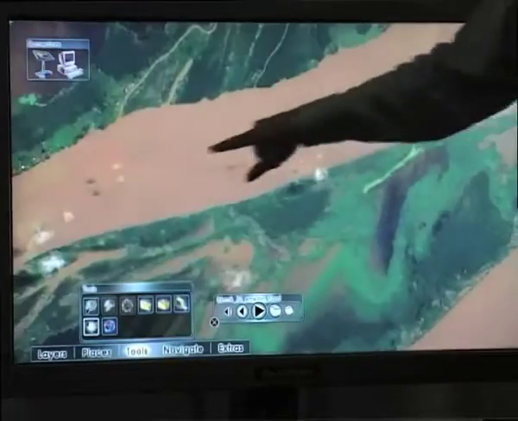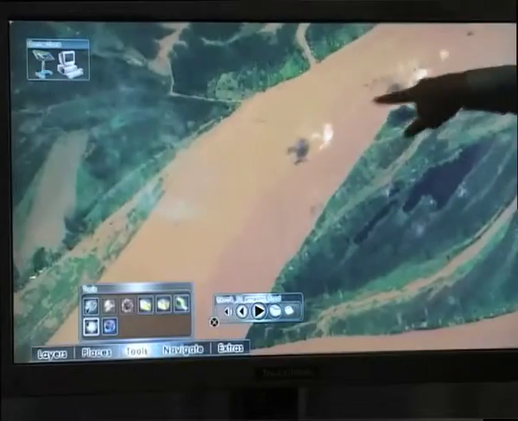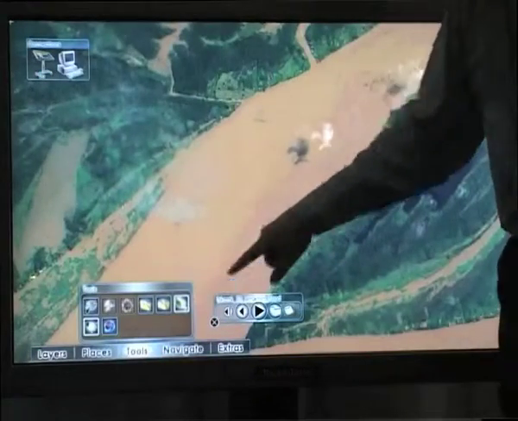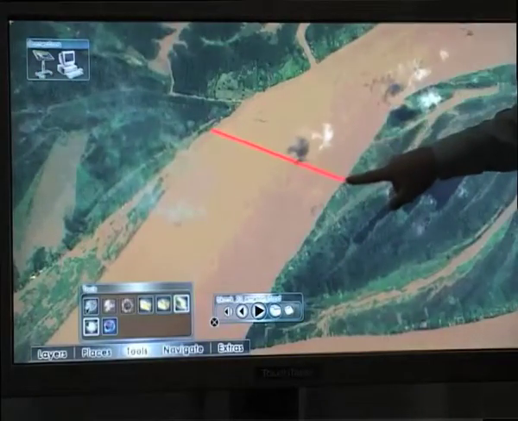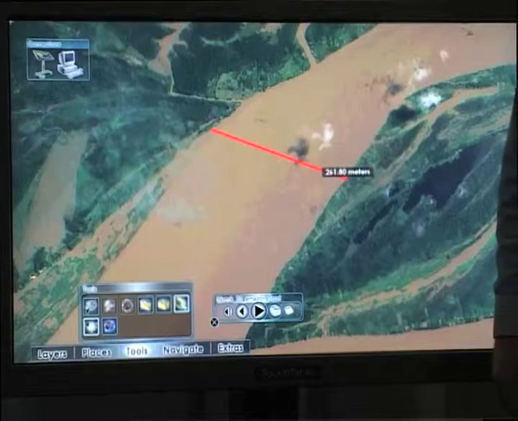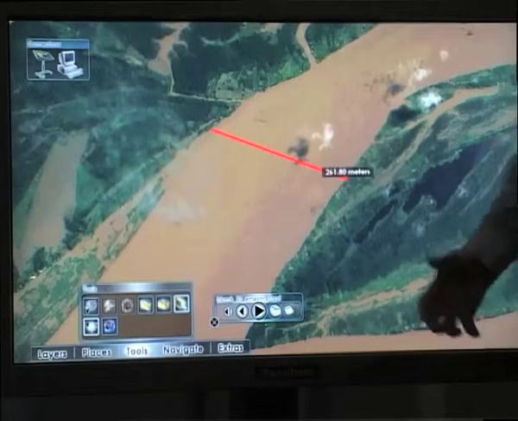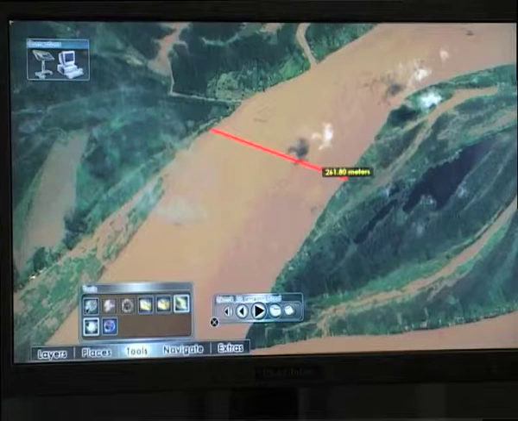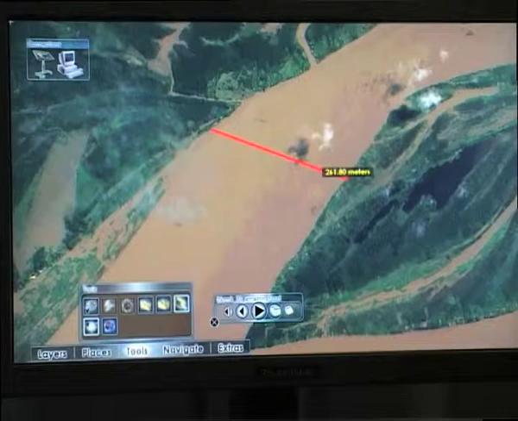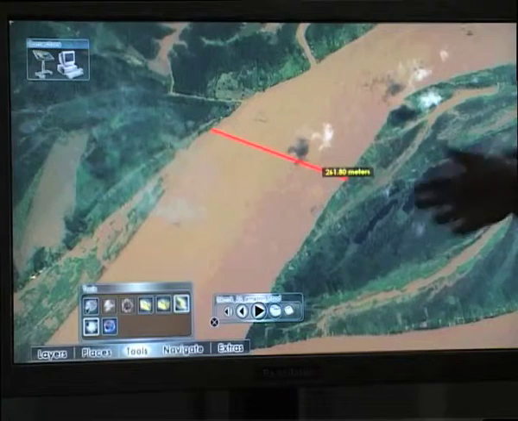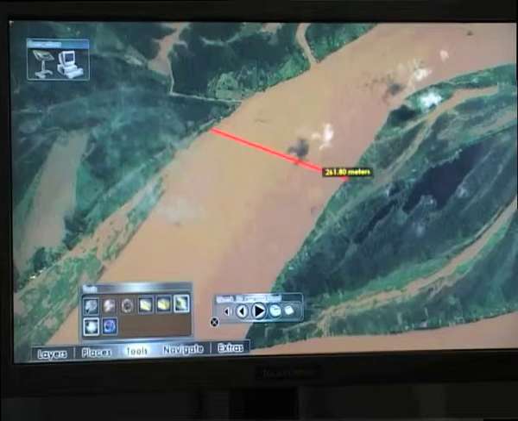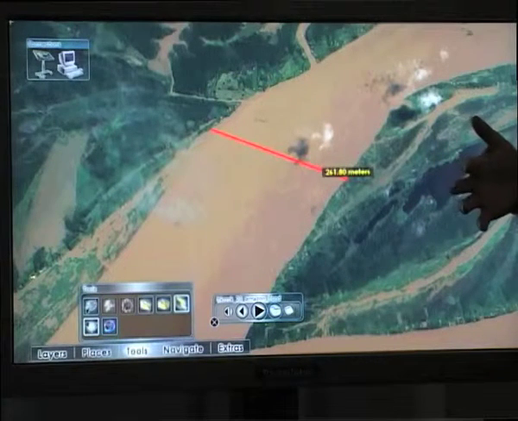But if we go down here and say, you know what, the river here is usually pretty thin, but how wide is it here? 261 meters. So if you have satellite imagery, after you have a disaster or a flood, you can use the measurement tools to figure out how wide of an area there's flooding.